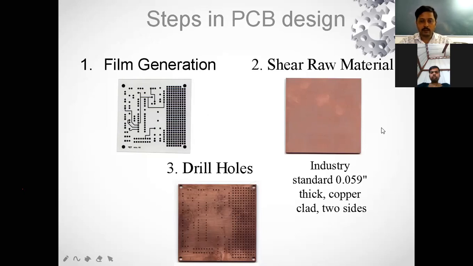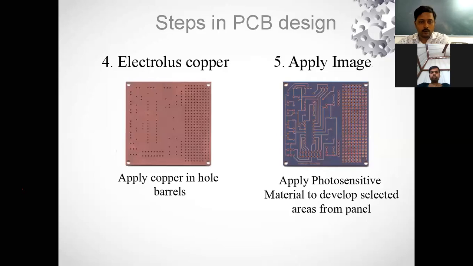Then you have to take a raw material, which could be copper or any other material. Nowadays different materials are available. Then you can see the drilling is being carried out here. Then the third process is to drill the hole. Then you have to apply what you call a photosensitive material.